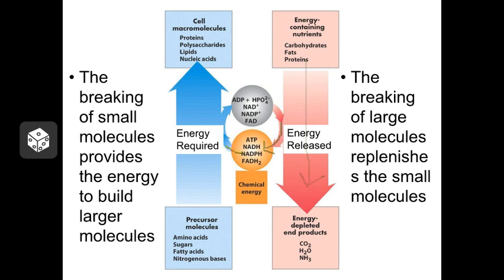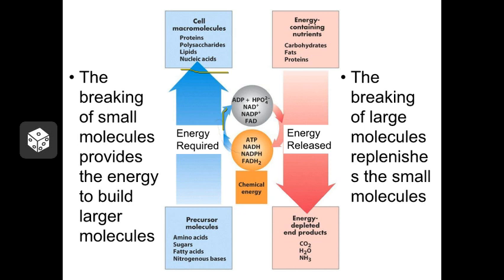Those small molecules will then be transferred into the anabolic reactions. They'll be broken down, which is another tiny catabolic reaction, and then that energy will be released into the reaction that can build something big, something like a protein, for instance.